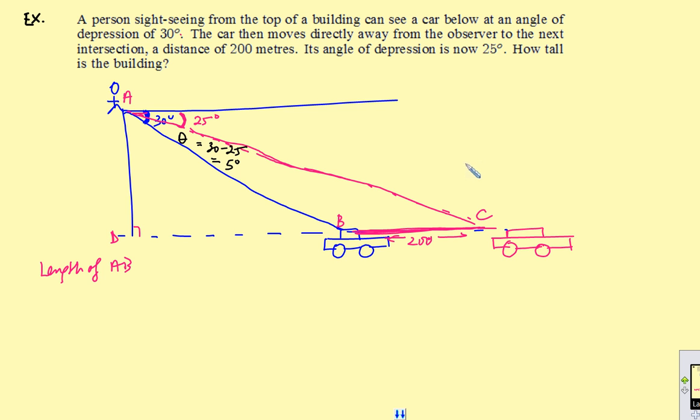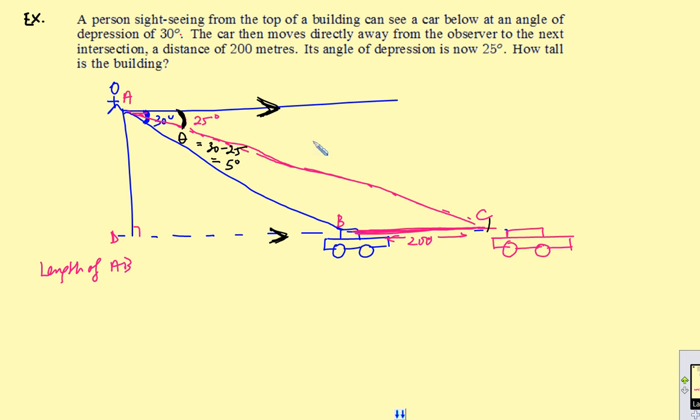So let's see what other piece of information we have here. We know that that's 5 degrees. We know that that's 200. What else do we have? Since this angle here is 25 degrees, and because these are parallel lines, I'm putting arrows on the parallel lines, I have a Z pattern here.